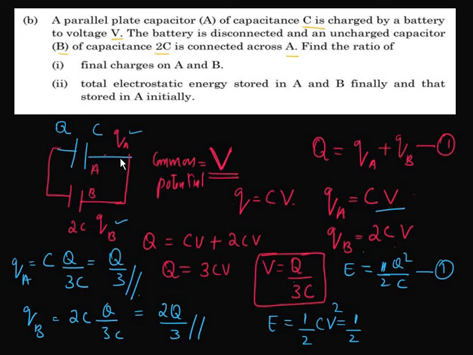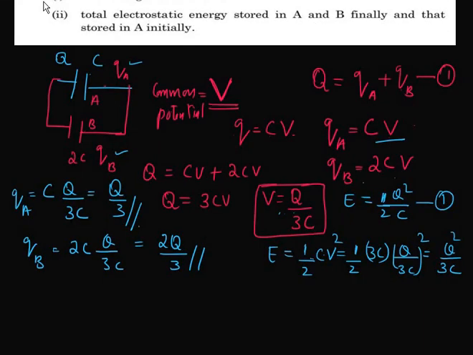So half into C, where the total capacitance is C plus 2C, that is 3C, into V square. How much is the value of V? That is Q by 3C. So Q by 3C whole square will come. Once you simplify this, you will get Q square by 6C.